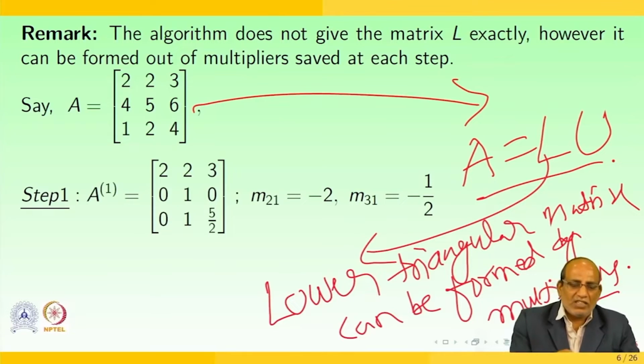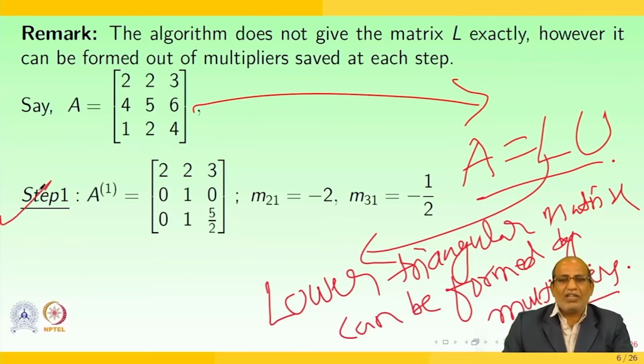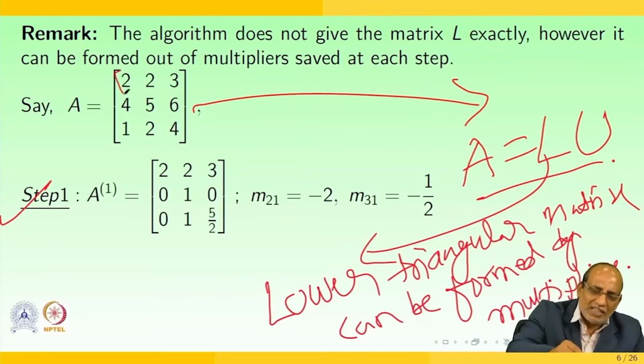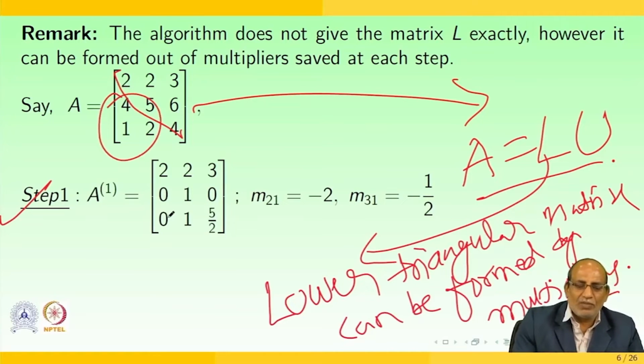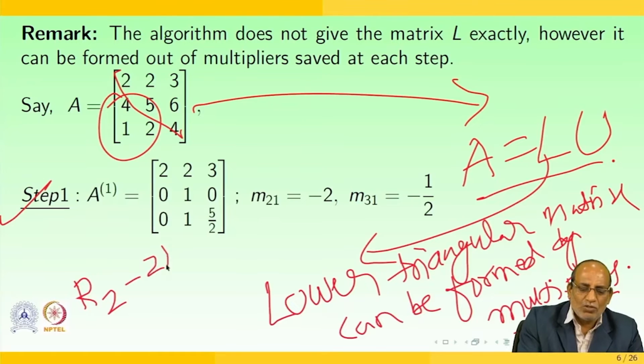Look at the first step, A of 1. Here 2, 2, 3 is the first row, 4, 5, 6 is the second row, and 1, 2, 4 is the third row. This is the main diagonal, and below the main diagonal the entries turn out to be 0. How are they 0? Look here: R2 minus 2R1, then R3 minus 1 by 2 R1.